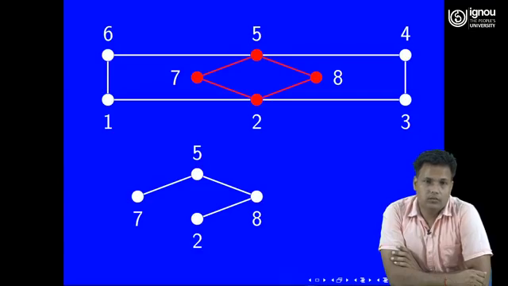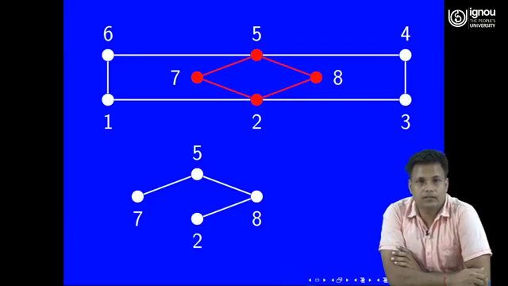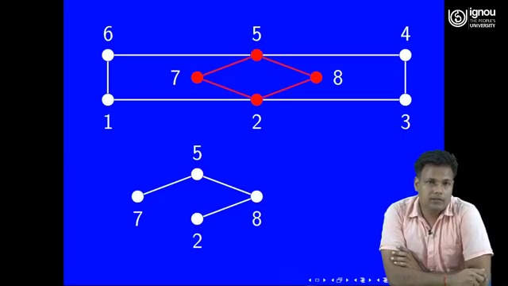Since 2 and 7 are vertices of this subgraph as well as of the original graph, but in the original graph 2 and 7 are adjacent, whereas in this subgraph they are not, this subgraph is not an induced subgraph.